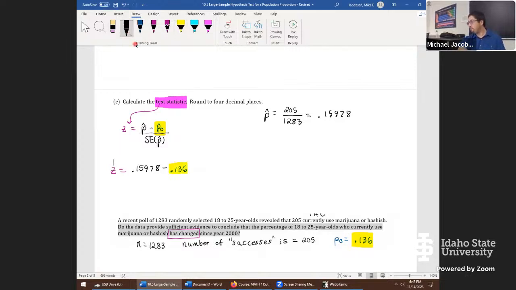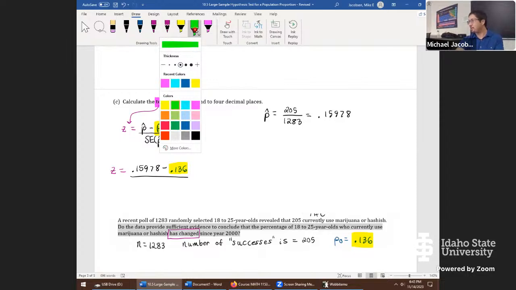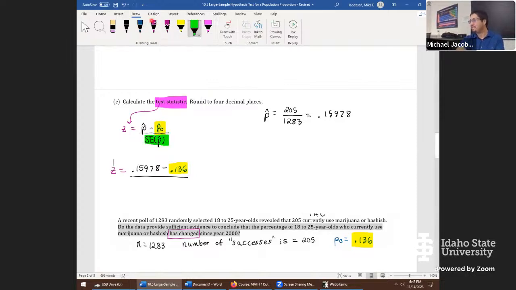Last thing we need to get our valid test statistic Z is we just need to crank out the standard error right down below here. I think we usually use green for that. I think we have an extra color available to us. Let's use green again. Any questions first, folks, before we go for the denominator now?